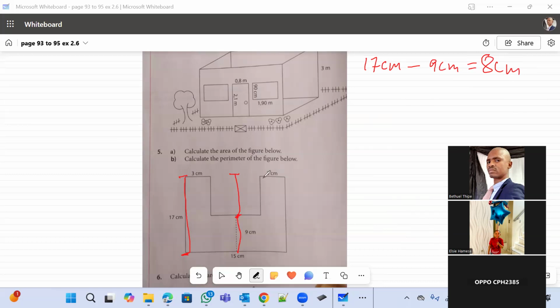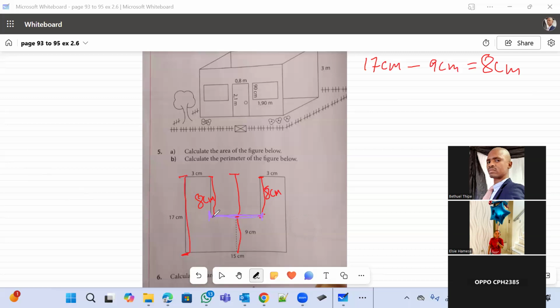The 8 centimeters is the distance from here to here. Do you follow what I'm doing here? Yes, sir.